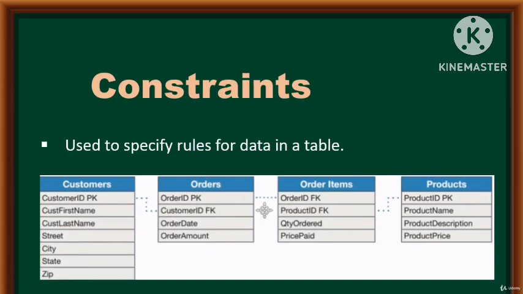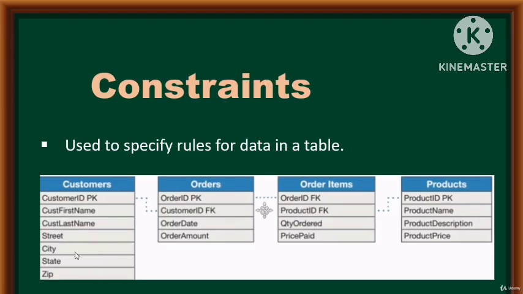So when you're creating a table, you can also implement different types of constraint. An example constraint you could implement, for example, in any of the fields, you could say you don't want the value to be null. Null basically means a value that is not known.